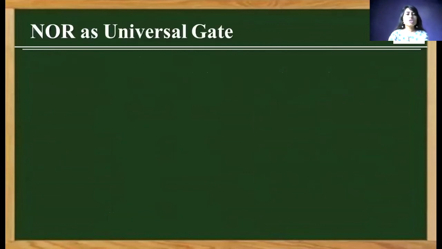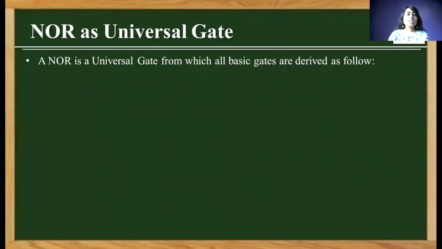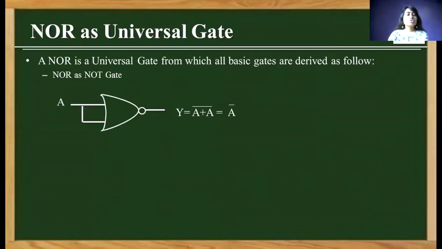NOR as a universal gate. NOR is a universal gate from which all basic gates are derived as follows. NOR as a NOT gate. So using the same input in both the input conditions, we have NOT gate operations.